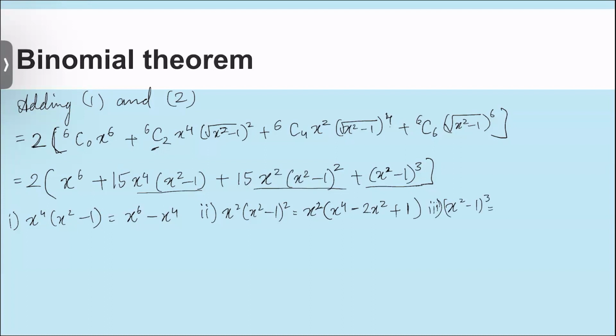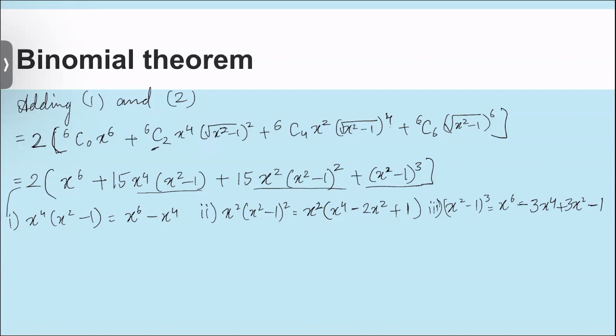Okay. So this will be x raised to 6. Then you have 3a squared b, so 3 into the square of x squared, so you will have minus 3x raised to 4. Okay. Then you will have plus 3x squared. Then you have minus 1.